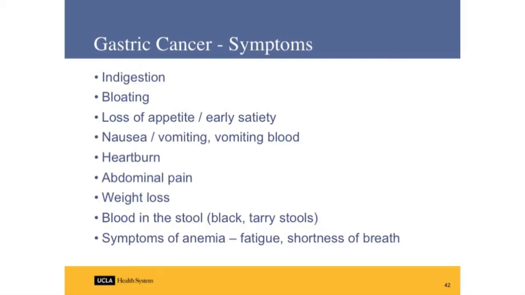Weight loss and blood in the stool, which, because it's from the upper GI tract, by the time it reaches your colon, makes your stools black. And then symptoms of anemia, so fatigue and difficulty breathing, are other symptoms.